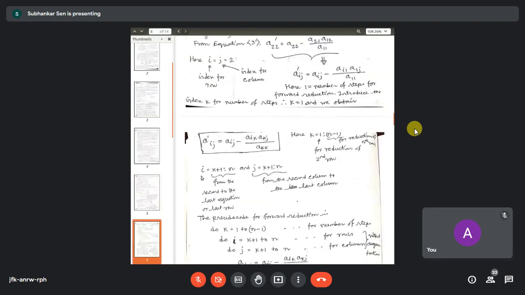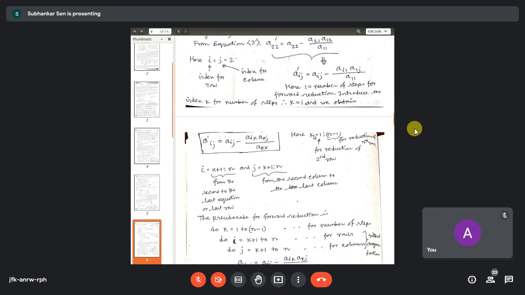So the rows, I, on which we have to operate change from k plus 1 to n, and the columns change from k plus 1 to n. Okay, so these terms I and j, you have n rows and n columns. But you need not change all the rows and all the columns when you have started already.